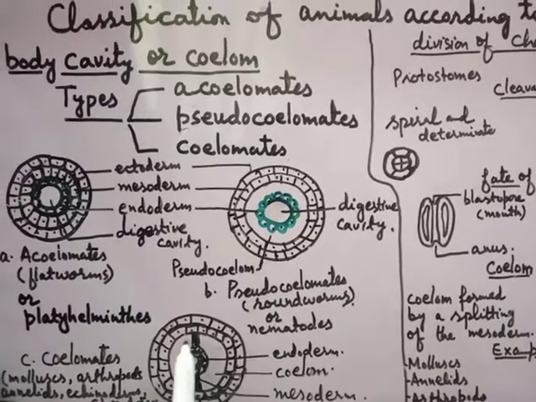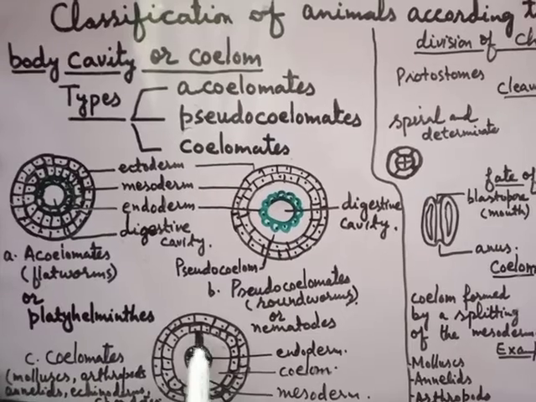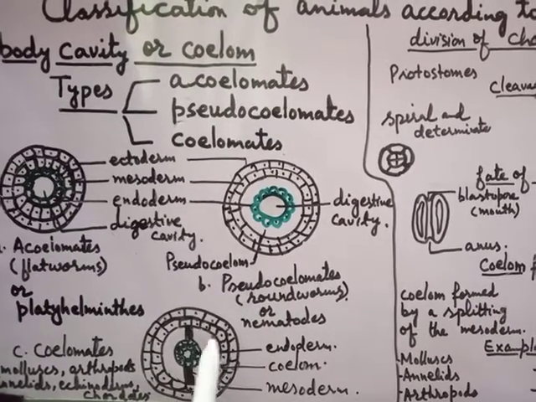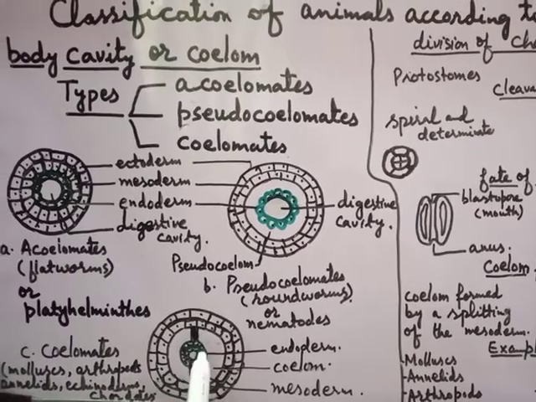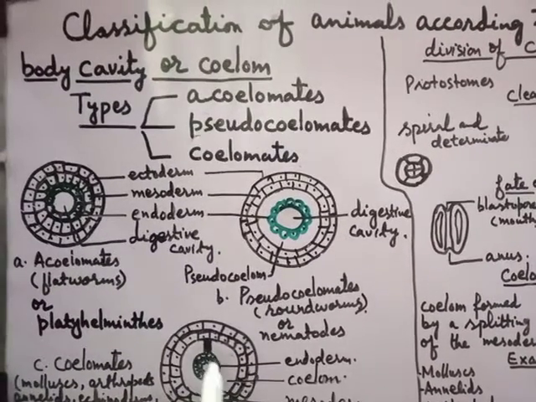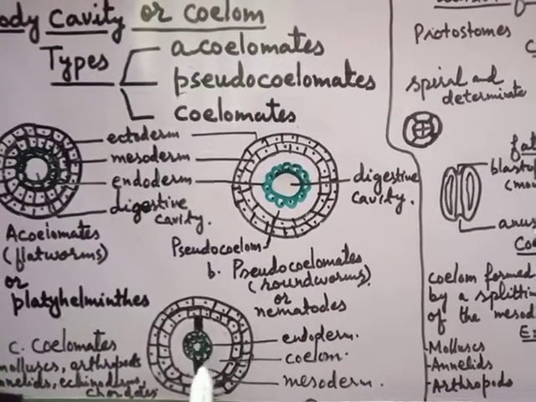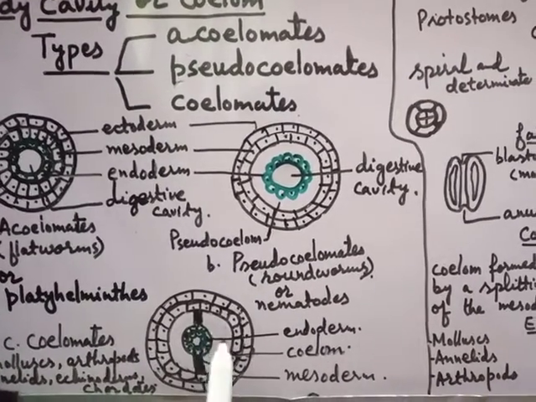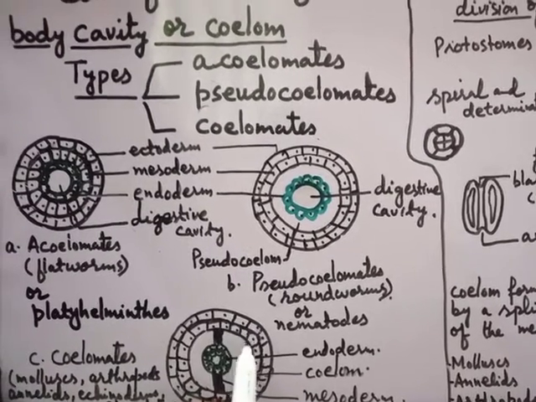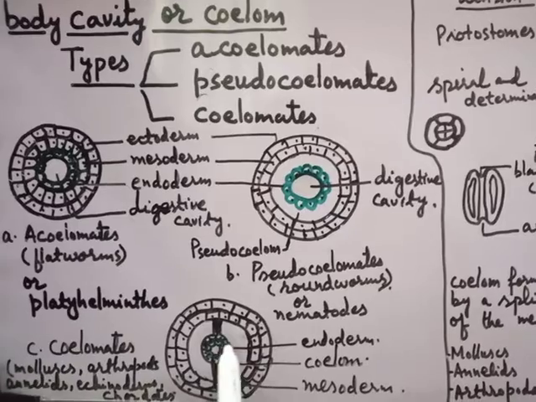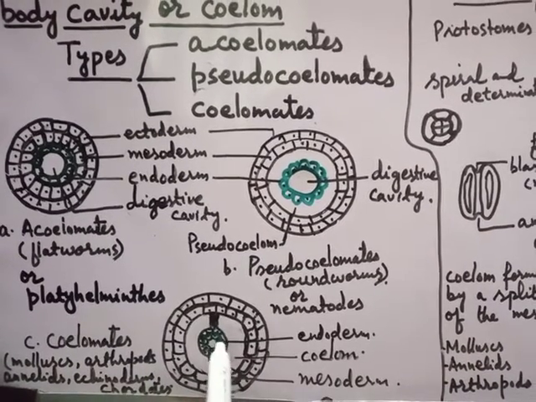Now you can see here is a coelom, and this coelom is linked with the mesodermal cells, and now you can see there is a connection between the two mesodermal layers, and this layer is also of mesodermal cells. Now this coelom is surrounded from all the sides with what? With mesodermal cells.